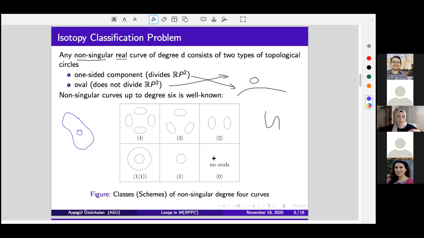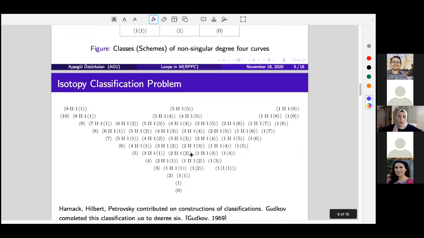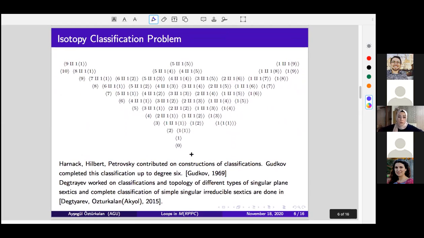These are known, and moreover, degree 6 non-singular real curves are also known. Many people contributed to this classification, however Gudkov completed it, and this picture gives us the classification.